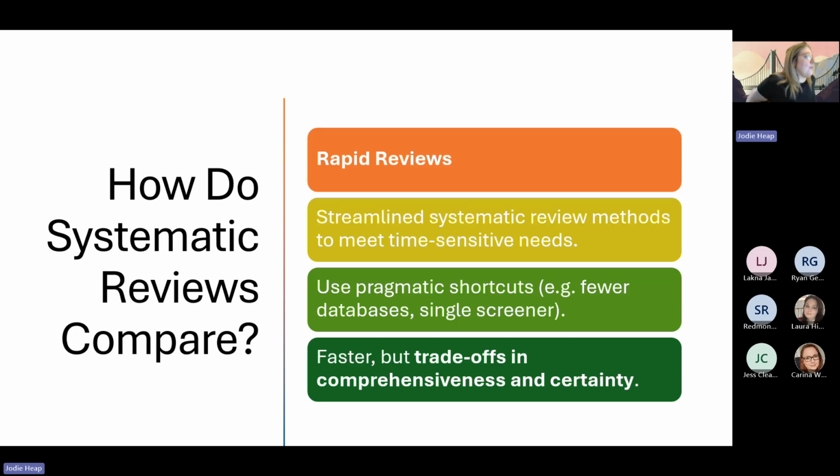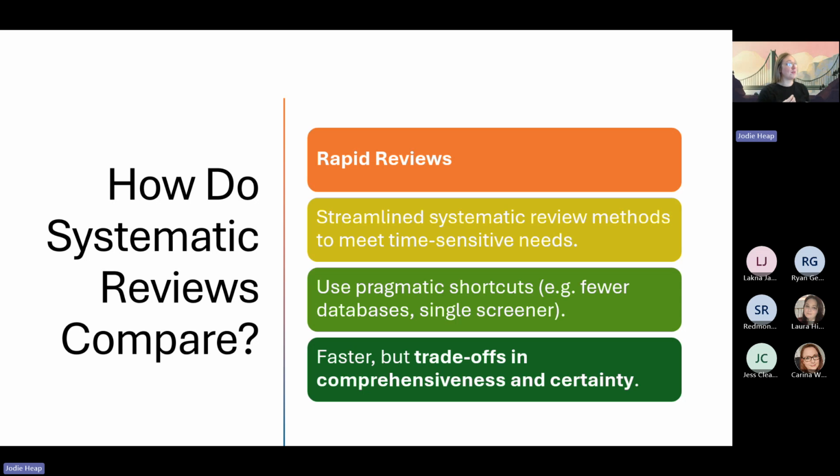Rapid reviews also sit on the border, shall we say. It's a more streamlined systematic review method, which is used to meet time-sensitive needs. The issue that we have quite often with systematic reviews is they are big activities. They take a lot of time. So a rapid review approaches the systematic review from a more pragmatic perspective.